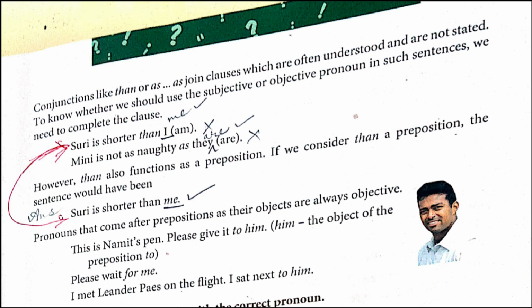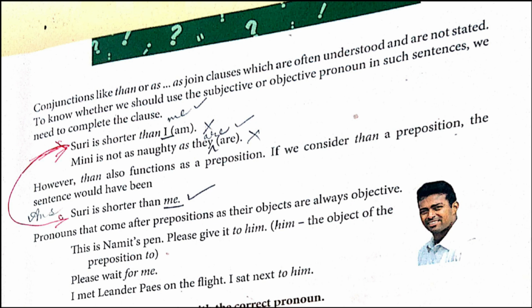Next one. Conjunctions like than or as well as, and many more, join clauses which are often understood and not stated. To know whether we should use the subjective or the objective pronoun in such sentences, we need to complete the clause. Now here I shall tell you how. Let's see.